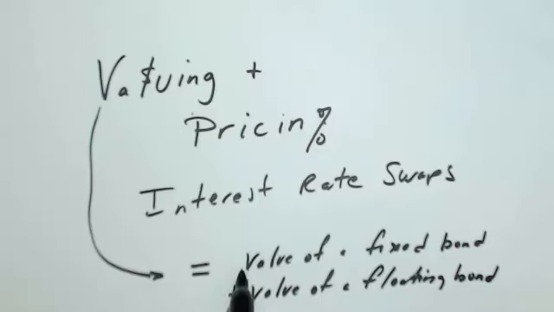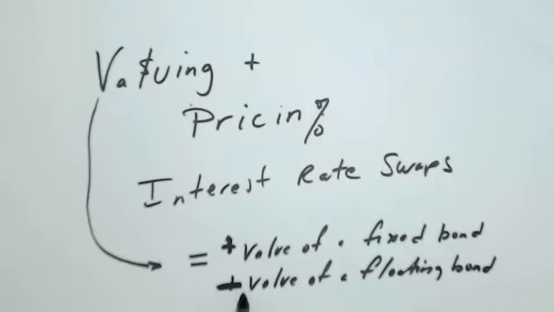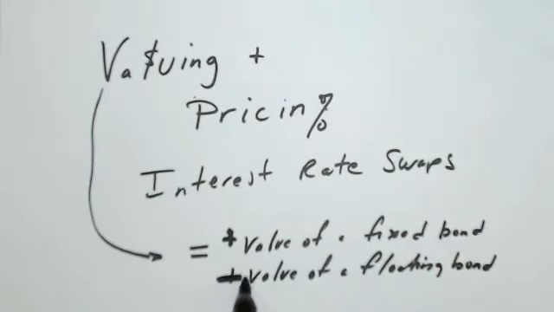Whether there's a plus sign in front of this or a minus sign depends on if you're long or short. If you're going to receive fixed, there's a positive sign here because you're going to receive the fixed rate, and you're going to be short the floating, so there'll be a negative sign in front of the floating. So you're long a fixed rate bond and short a floating.